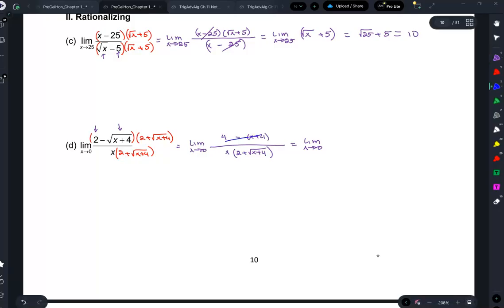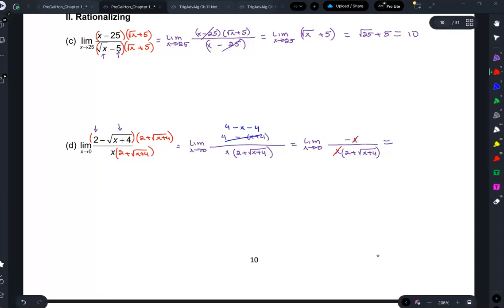So how much is this? This is 4 minus x minus 4. So what do I have left there? Negative x over x, 2 plus root x plus 4. The x's cancel.